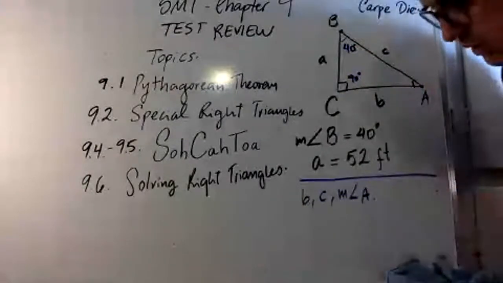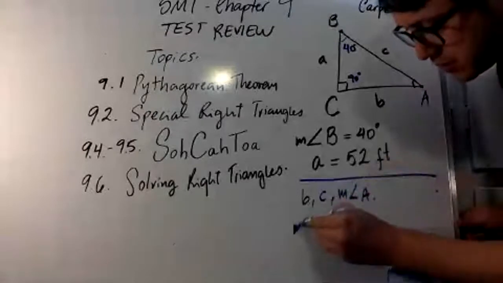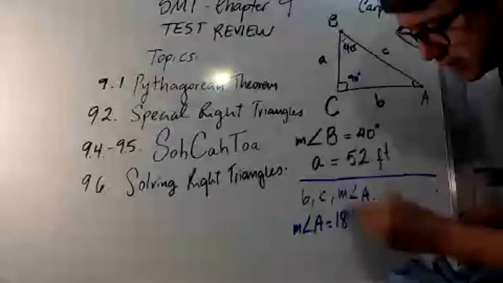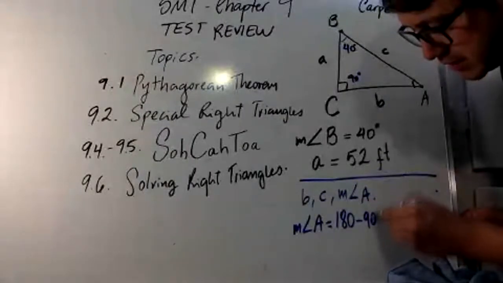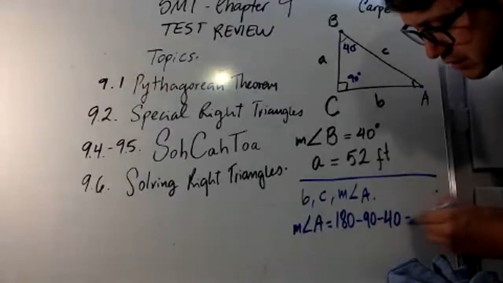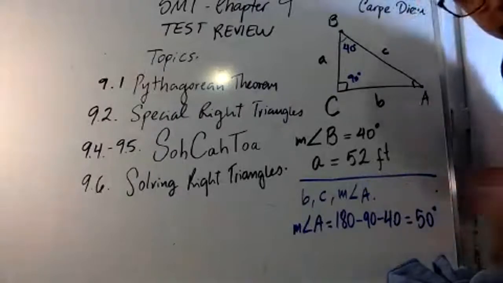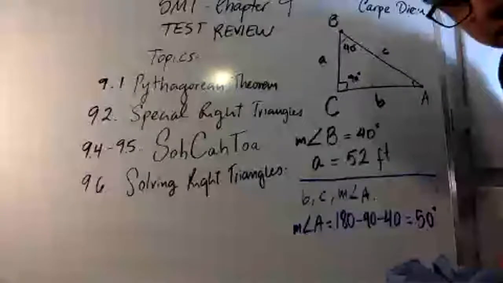That's it, right? So A is going to be 180 minus 90 minus 40. I didn't have to use any trick. I just found this one, just as simple as that.